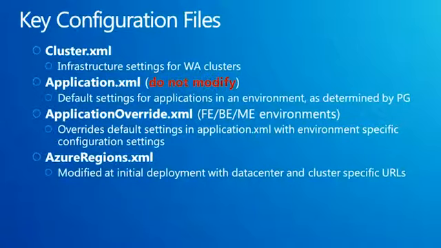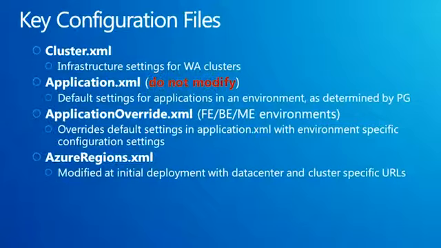The application XML will contain all default settings for applications in an environment as determined by the product group, which in this case is Microsoft SQL Azure. This file is not to be modified. The application override.xml, one for each environment, can be used to override any settings that are found in application XML with environment-specific configuration settings.